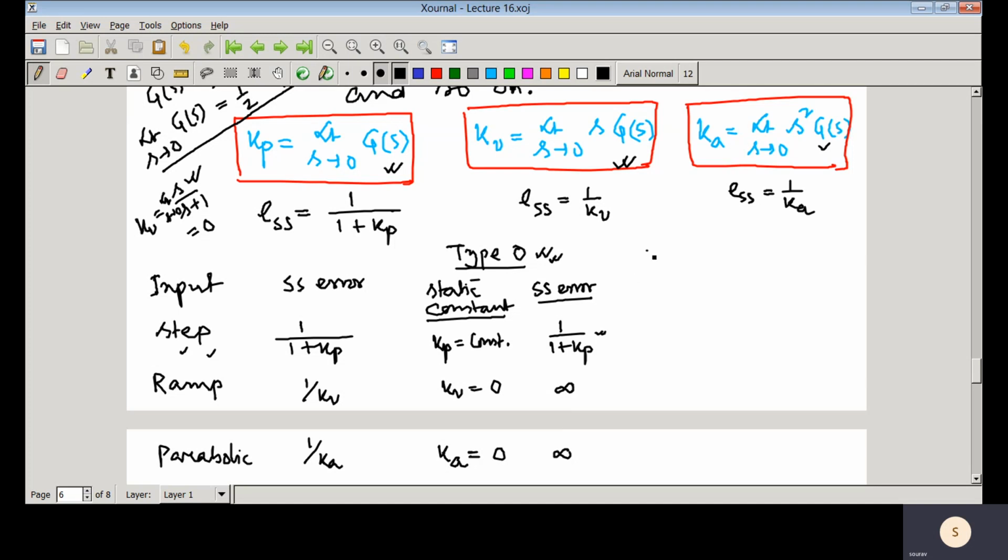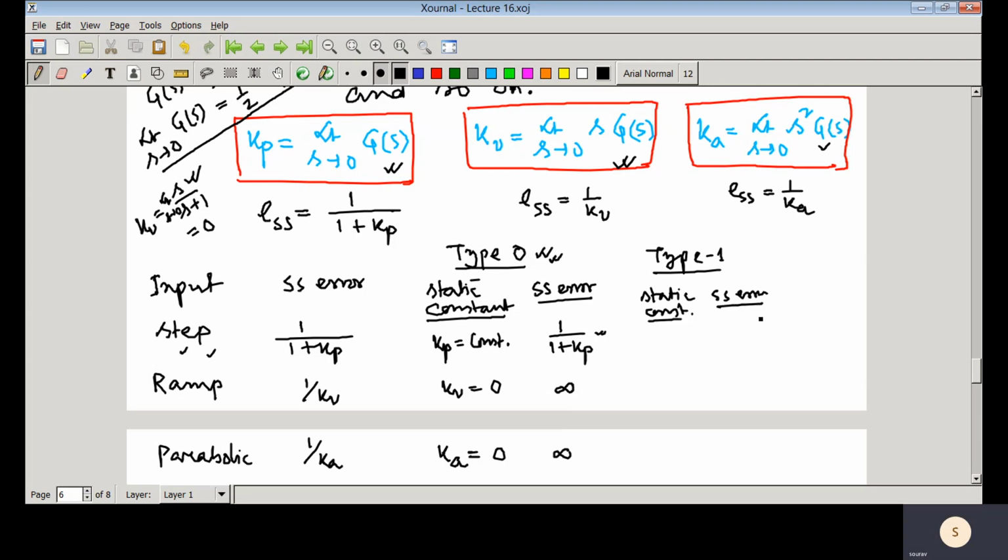And then if you take a type 1 system, what happens? The static constants that you would have, and here you have the steady state error and static constant.